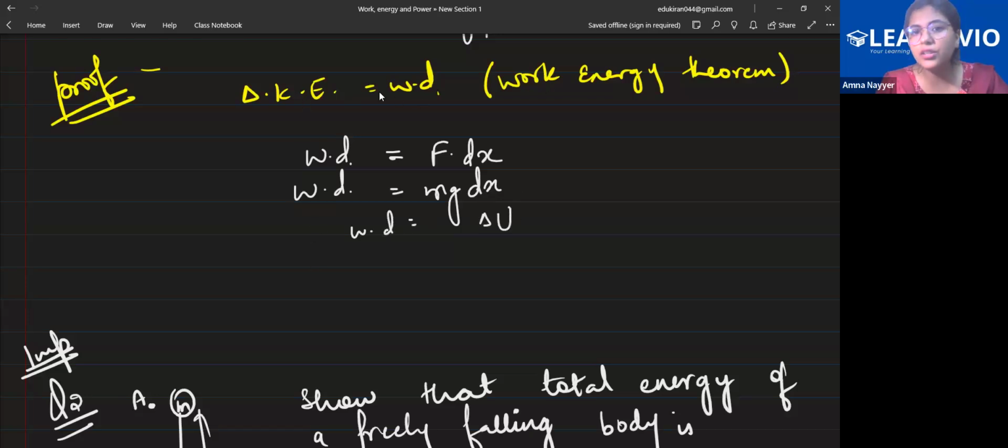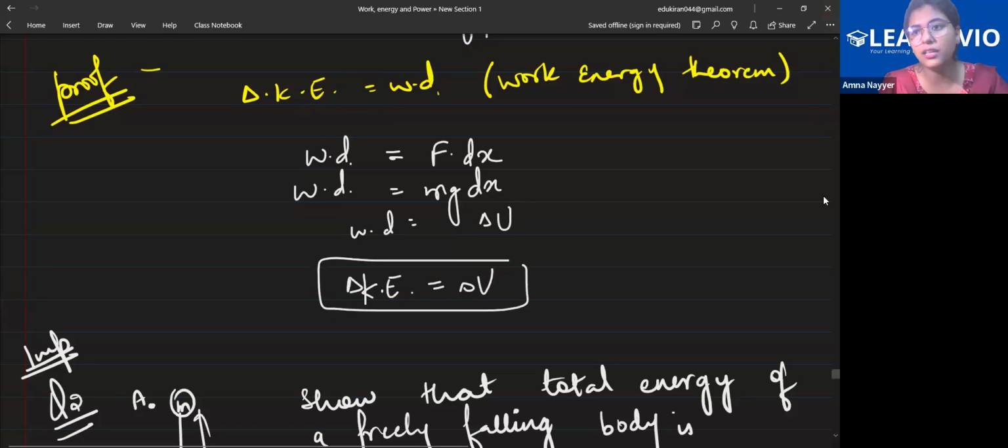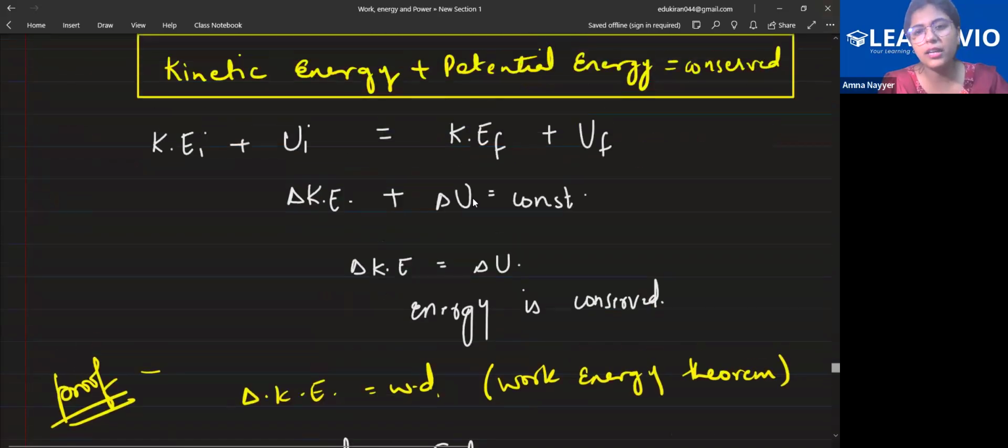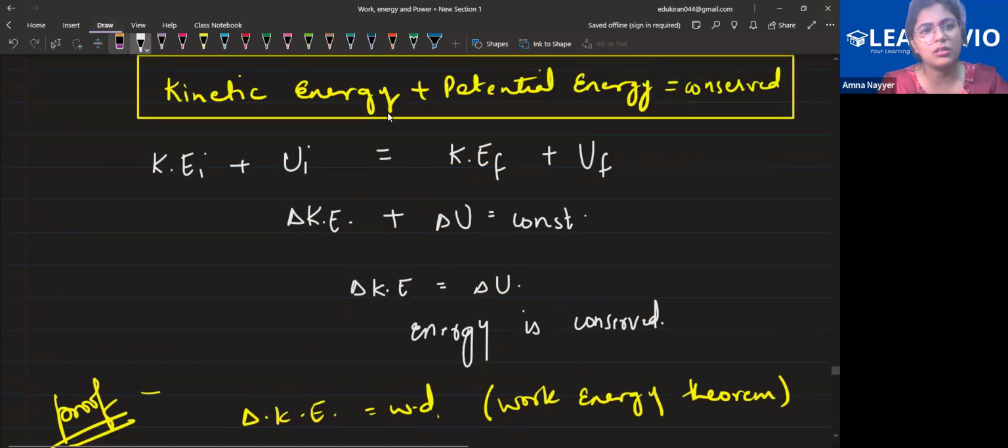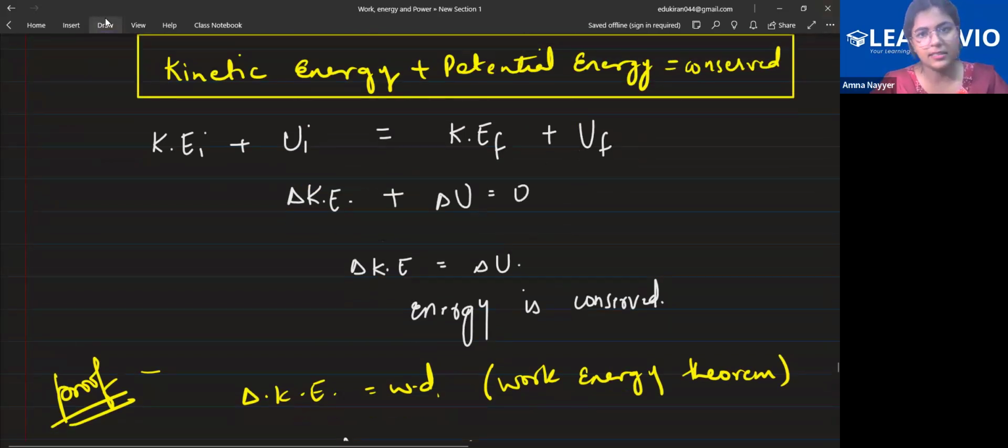And according to the work energy theorem, change in kinetic energy is also equal to work done. So change in kinetic energy is equal to change in potential energy. From this, you can conclude this. If you wish, you can add that the sum is equal to constant, or it's better if you write 0, so that they both can be equated. All right. Write it till here, then I'll discuss.